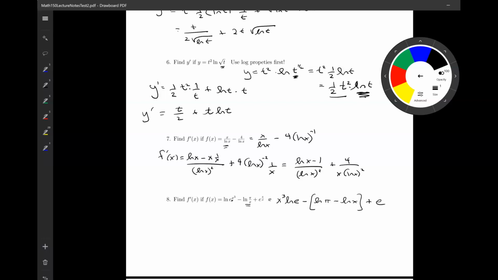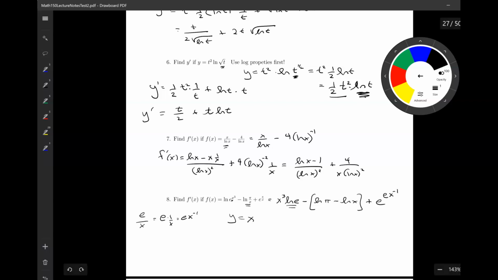I'm going to take the time to rewrite this as x to the negative 1 before I take the derivative, because e over x is the same thing as e times 1 over x, e times x to the negative 1. Okay, so you know ln of e is 1, correct?